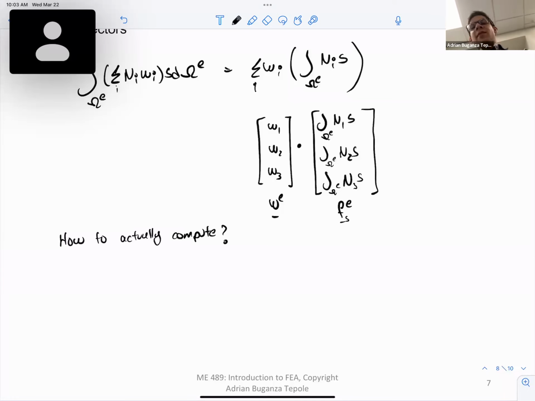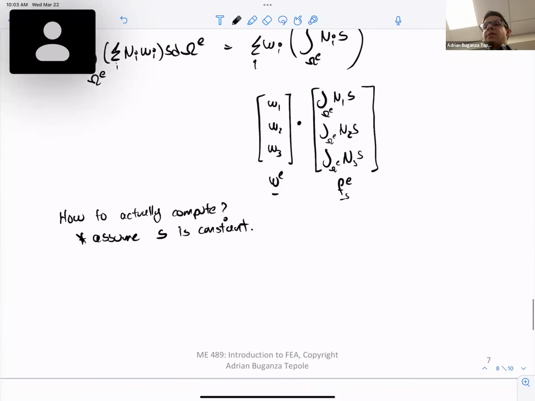So here, we're going to make a big assumption. Assume S is constant. This is not necessarily the case. The source term could be a function of X and Y. But let's assume that S is constant. So if S is constant, then the force vector is the integral over the triangle of S, which is a constant, times N1.